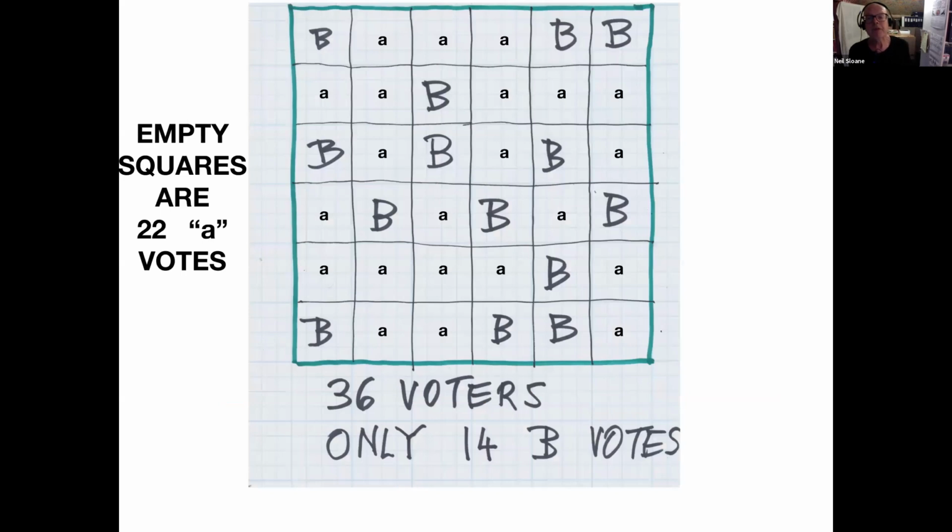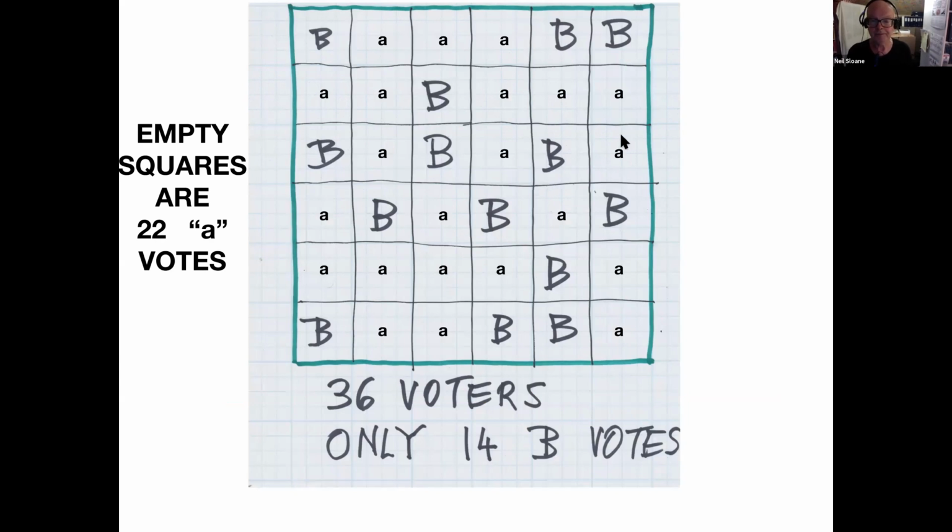So we've got a town with 36 voters, and 22 of them vote for candidate A. So these are the A voters, and there are only 14 B voters.